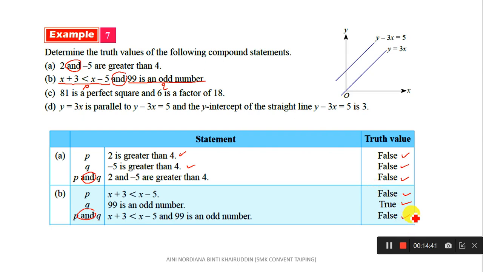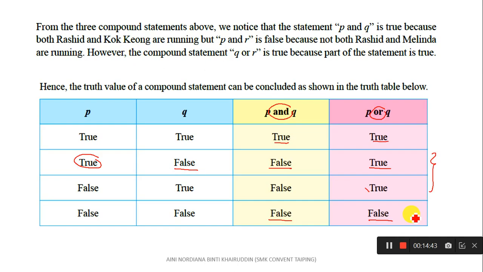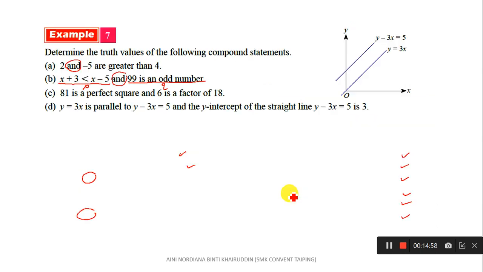You can also refer to this table just now. If the first statement is false, the second statement is true, and we use the word "and", it becomes a false statement.